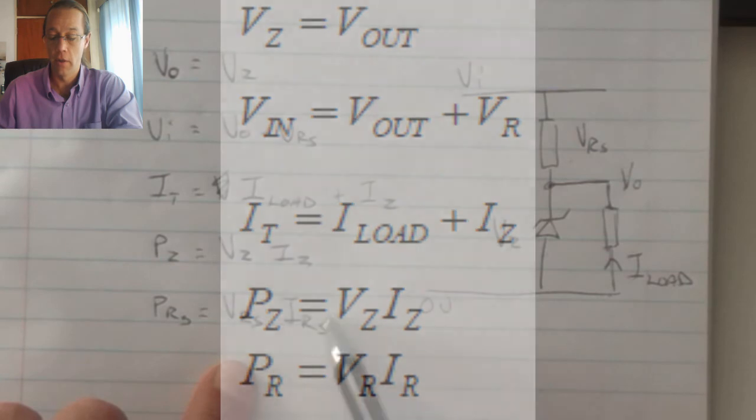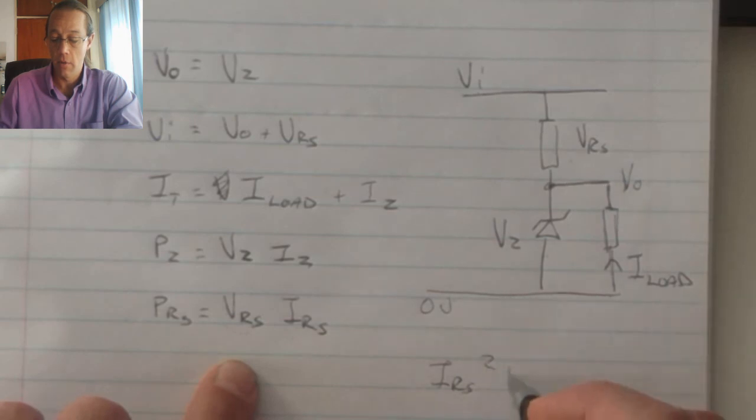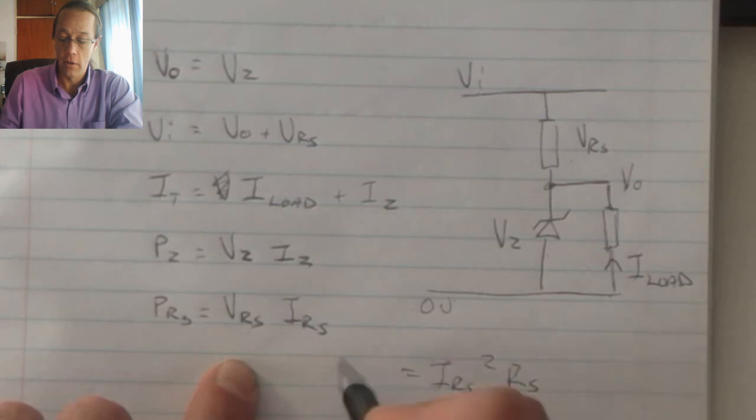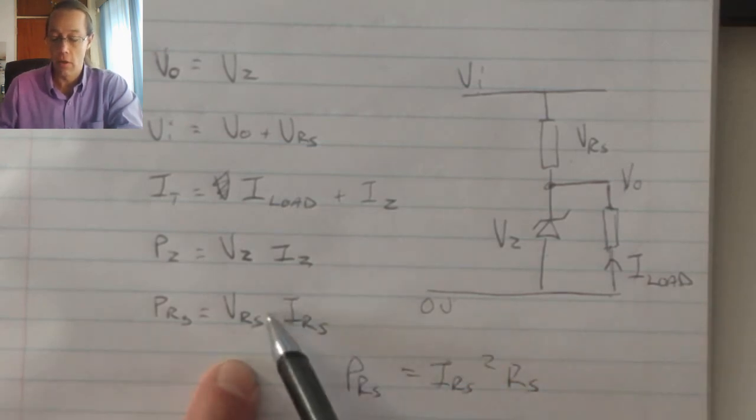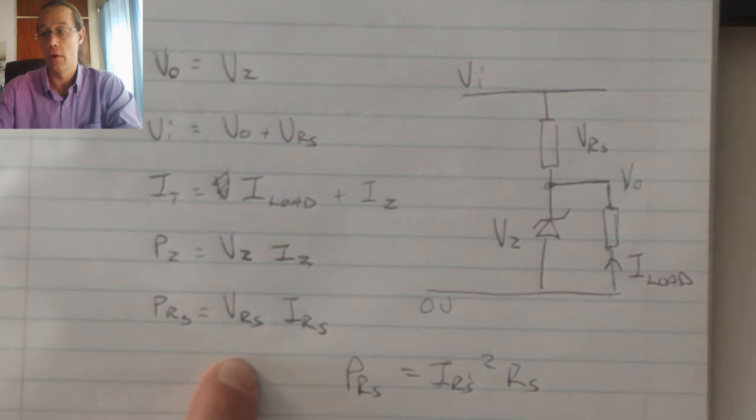I can also convert this formula into I squared times the value of the series resistor, and that's PRS. That's just the different power formula for this scenario.